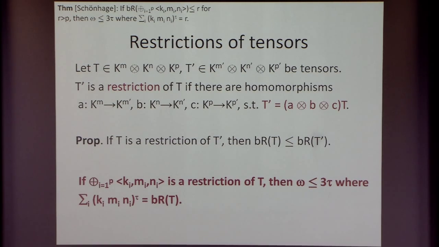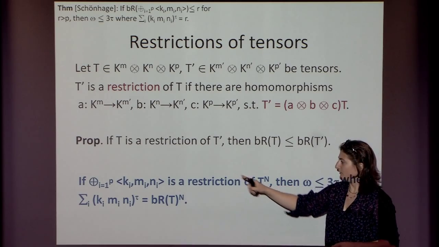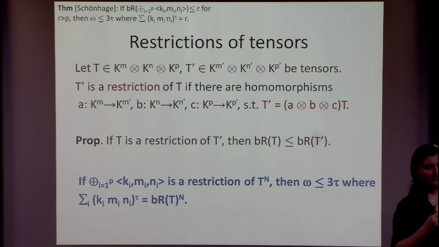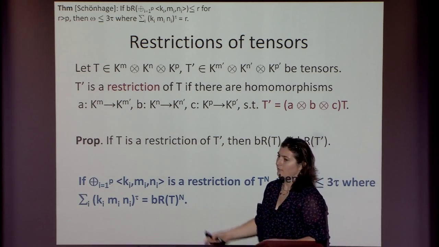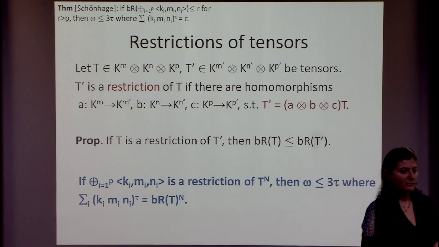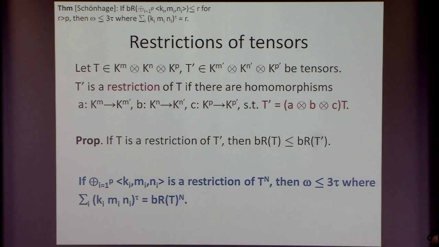But it turns out that something even better can be done. It's pretty simple. Instead of proving that the direct sum of matrix products is a restriction of the tensor, we just show that the direct sum is a restriction of a large tensor power of the tensor, and then again we can get a bound on omega from this inequality, because the border rank of a tensor power is at most the power of the border rank.